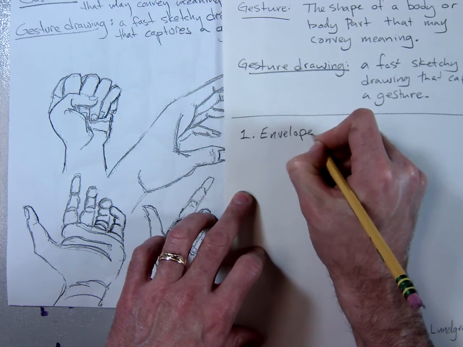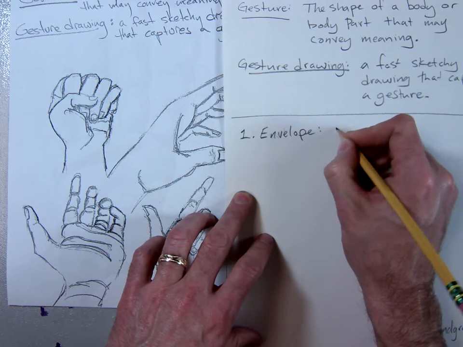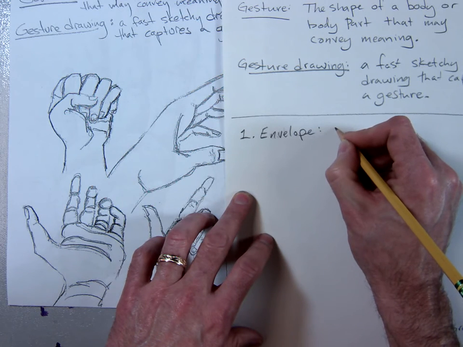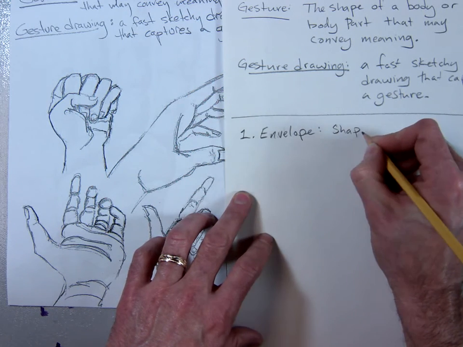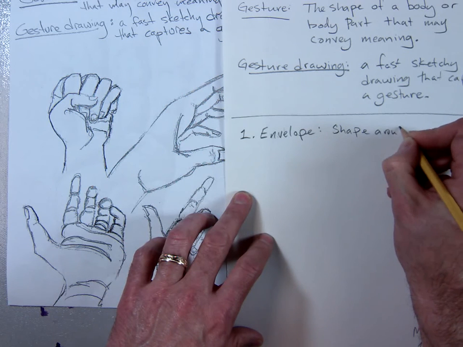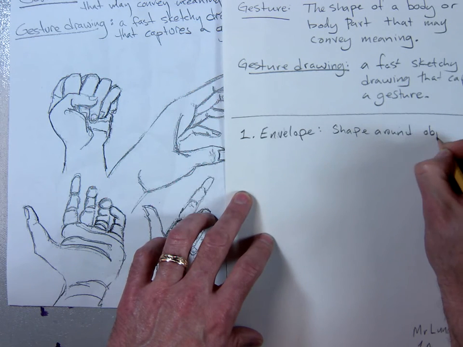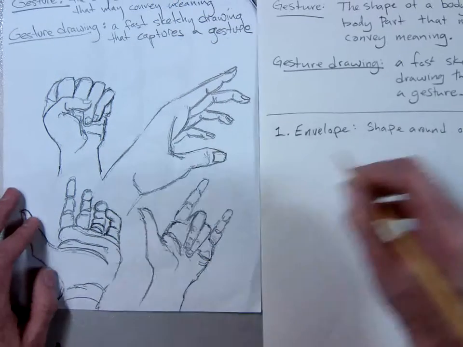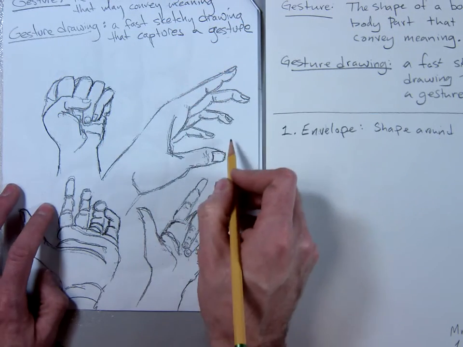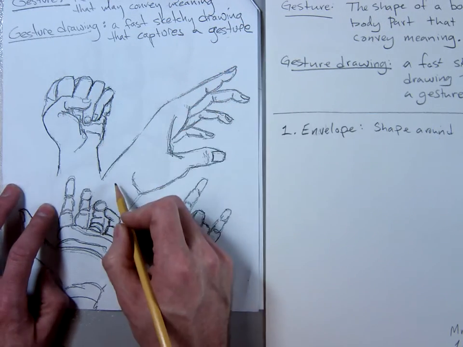Okay, an envelope means create a shape around the object.